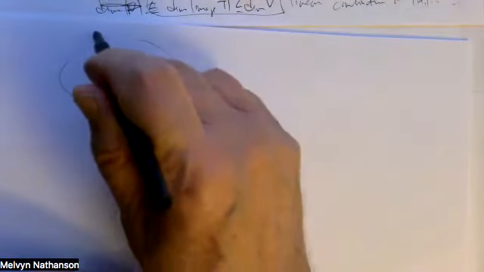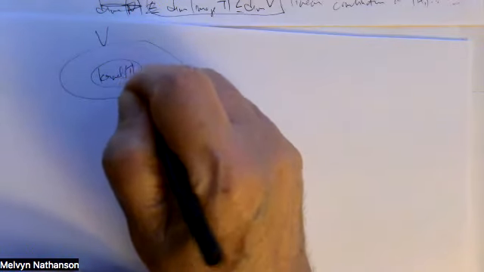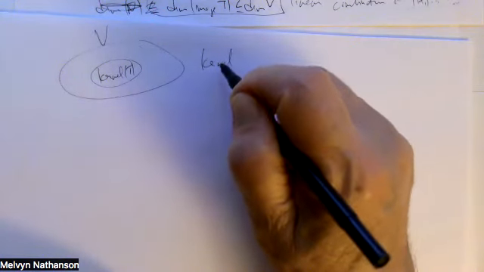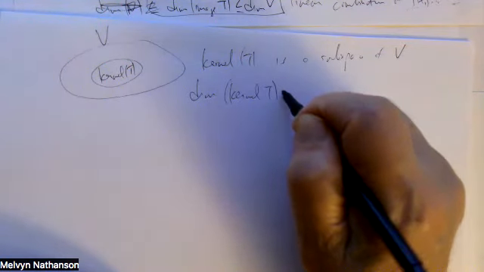So we have V, and sitting inside V is the kernel of T. The kernel of T is a subspace of V. Suppose we let the dimension of the kernel of T be equal to k, because every vector space has a basis.